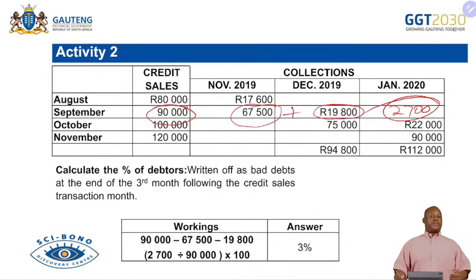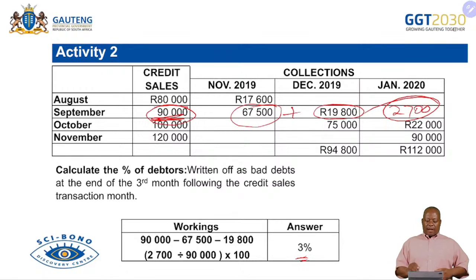That's bad debts. So to find the percentage of bad debts, it's going to be 2,700 divided by the 90,000, which is the total of our debtors for that month. Then you multiply by 100 to make it a percentage. And you can see the answer is 3%.